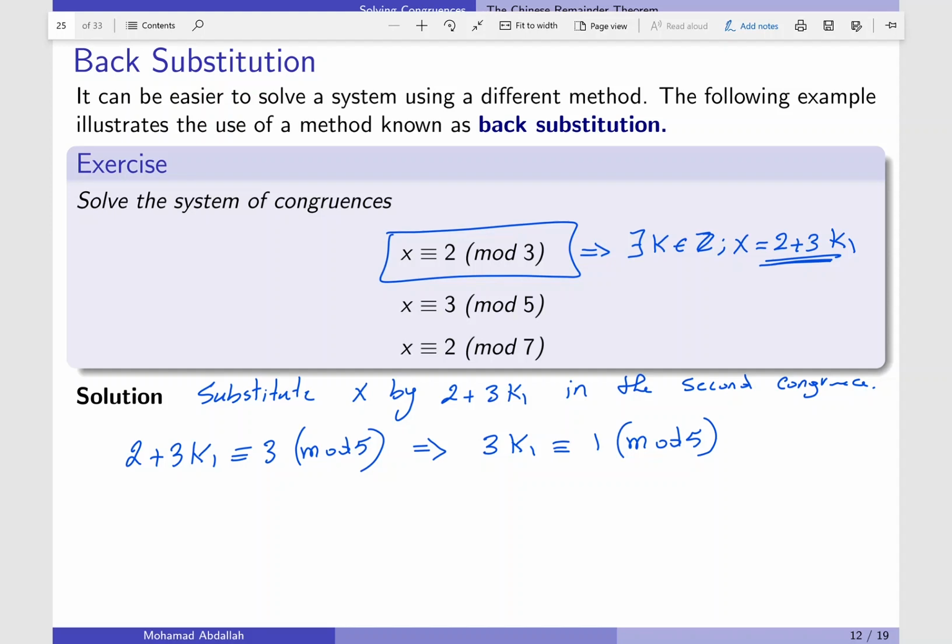Now, you can find the inverse of 3, or you can find k1 by trial and error, because the possibilities are not many. So 3 times k1 congruent to 1 mod 5. By trial and error, k1 has to be 2, because 3 times 2 is equal to 6, and 6 is congruent to 1 mod 5.